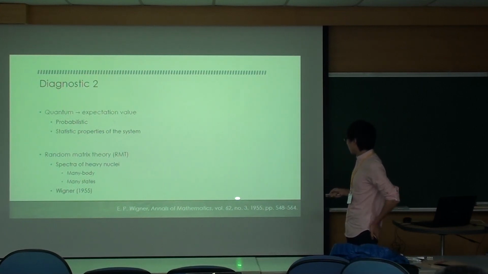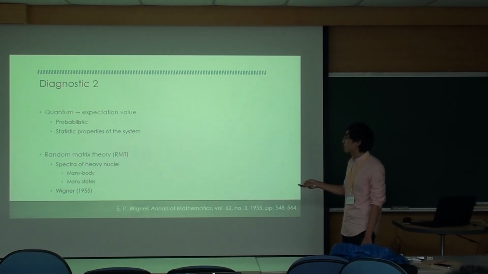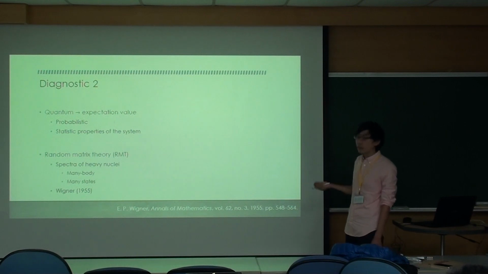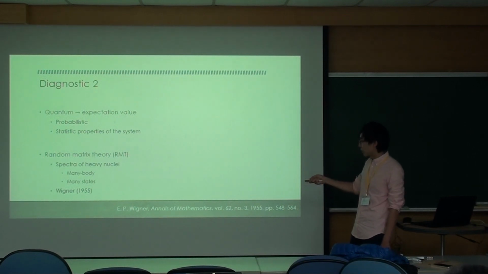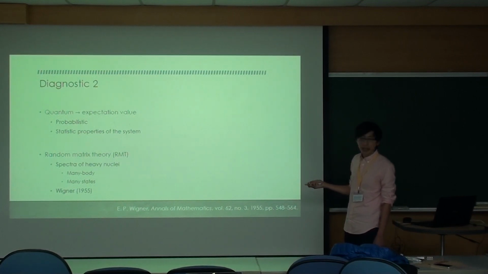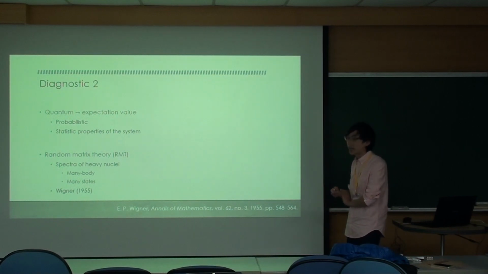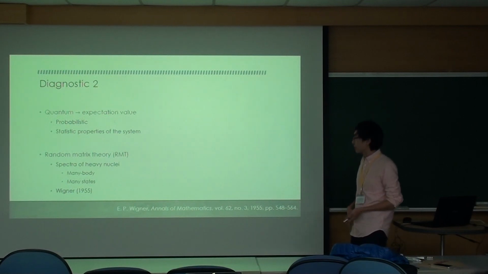Back in 1955, in this paper, Eugene Wigner proposed a way to study the spectrum of some heavy nuclei with many protons and many neutrons. With this many particles, the system is a many-body system, and there should be many eigenstates.